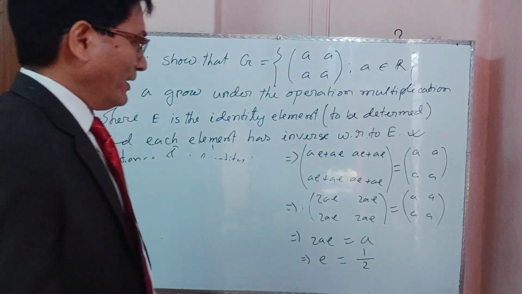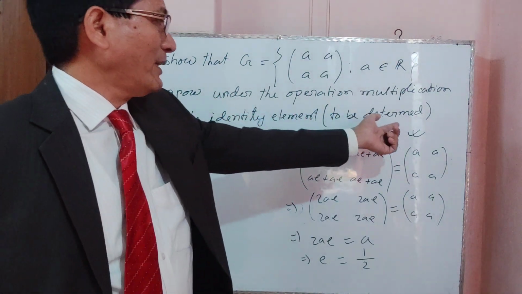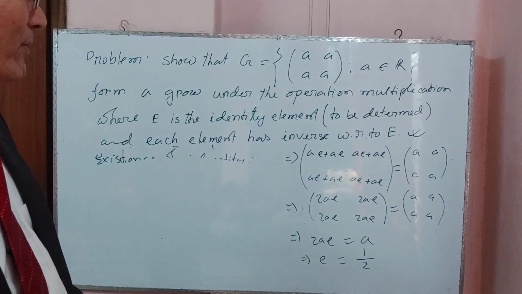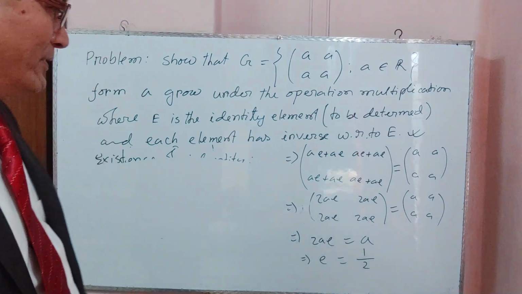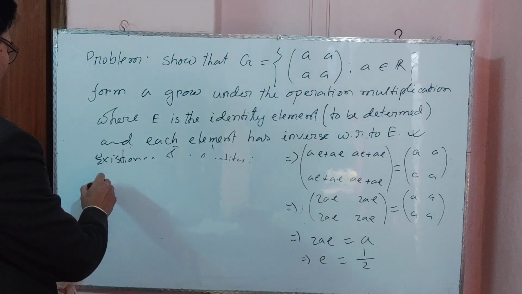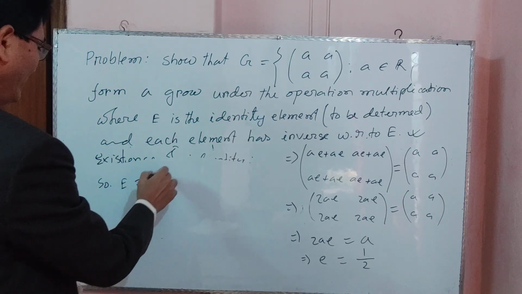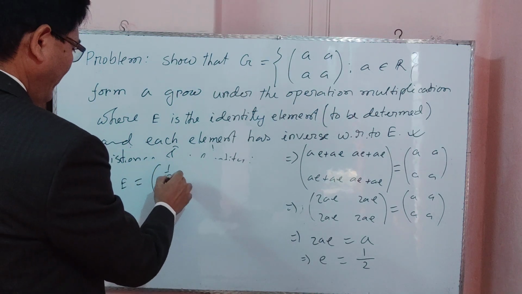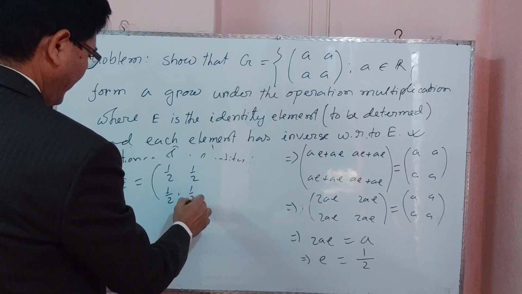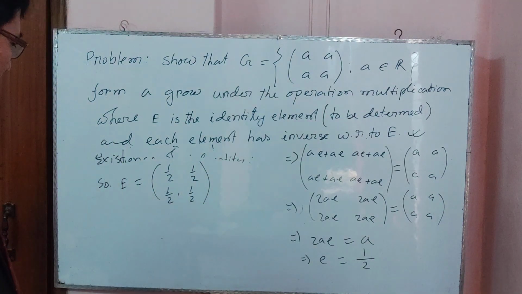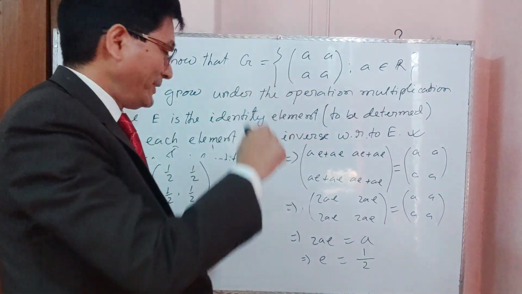So dear students, in the problem it is said you are to determine the identity element. Of course the identity exists, but you are to determine what it is. So E equals half, half, half and half, and this is the identity element of the group G.